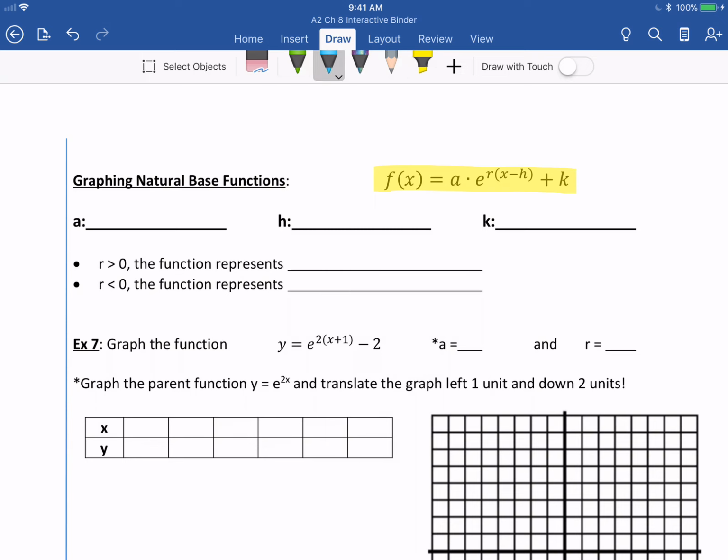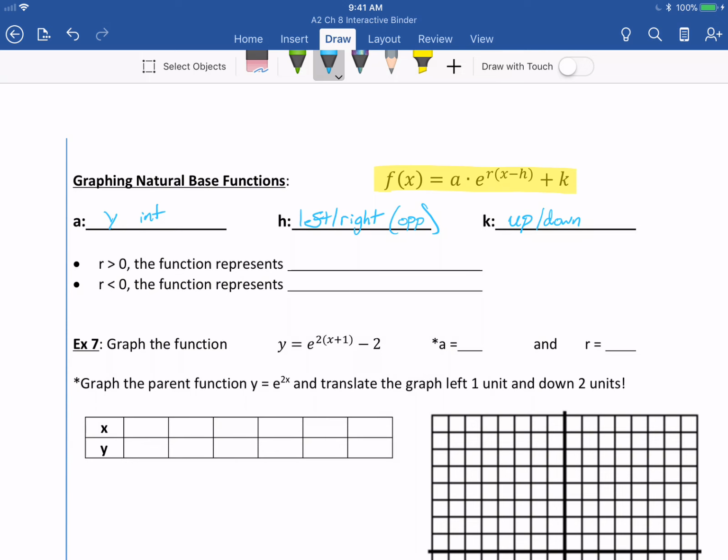It's kind of the same deal that h moves it left and right. And remember, that's the opposite of what it looks like again. Okay, h moves it horizontally, and your k moves it vertically, up and down. And that is what it looks like there. Your a again here is your y-intercept. All right, a lot of times that's 1, but not all the time.